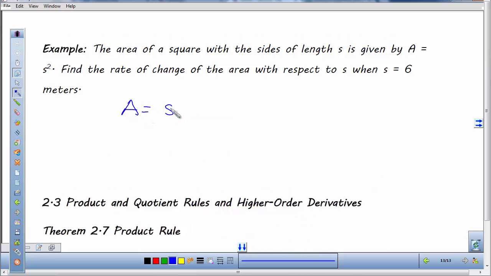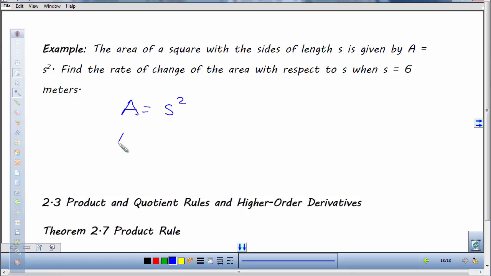Area is equal to s squared. Okay, and so when I hear find the rate of change, I'm going to do what? Take the derivative. Okay, almost every problem from here on out is going to start with the derivative. Definitely if you're talking about rate of change, we want a derivative.